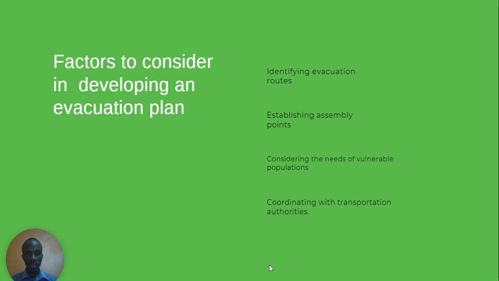Then we have considering the needs of vulnerable people. During an emergency, there are always people who are vulnerable. For example, those people who cannot understand the warning signs, maybe because of an impairment, or sometimes they could be having a mental disorder that prevents them from understanding those warning signs, or sometimes they are unable to help or rescue themselves.